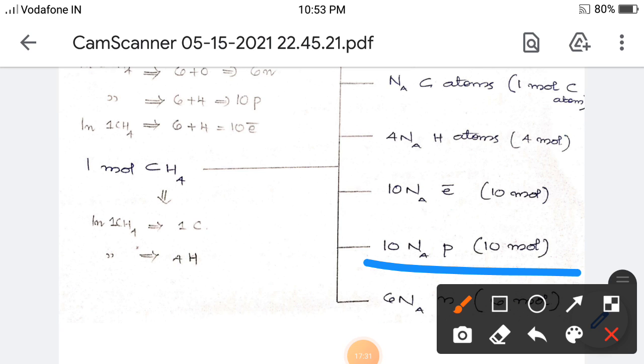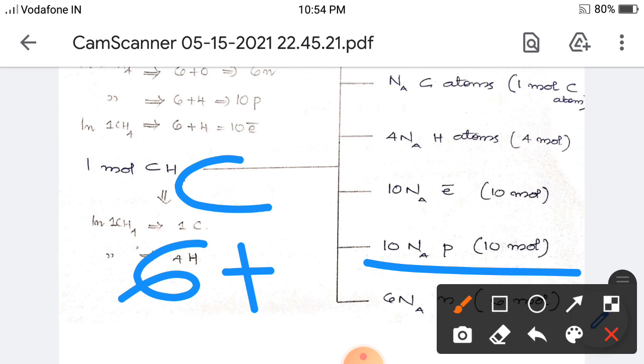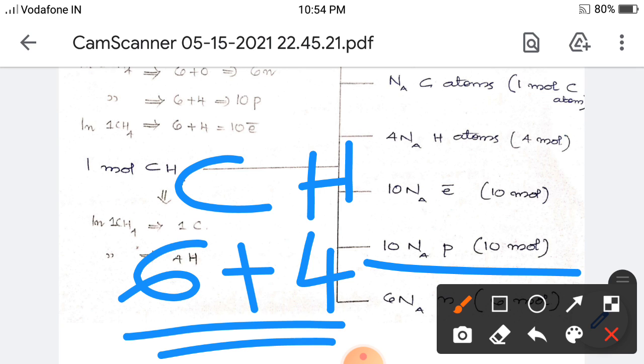As discussed earlier, carbon contains 6 protons plus hydrogen contains 4 protons. 6 plus 4 is 10. So 6.022 × 10^23 CH4 molecules contain 10 protons into NA, that is 10 moles.